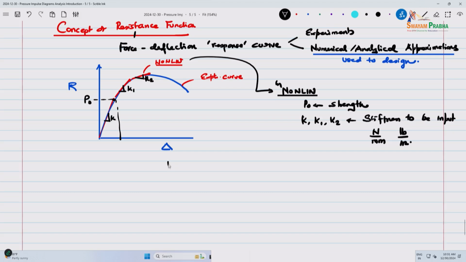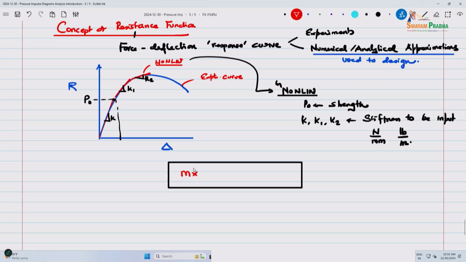So the equation for solution in nonlinear is written as m x double dot, instead of kx, if you are developing your own. So far we have talked of m x double dot plus kx, right?